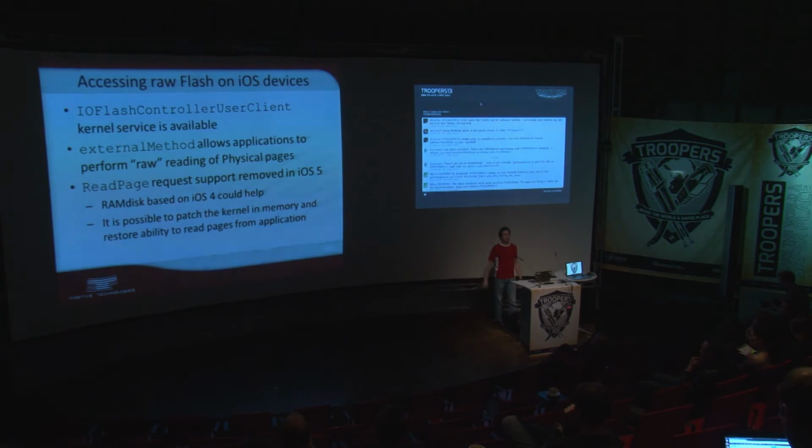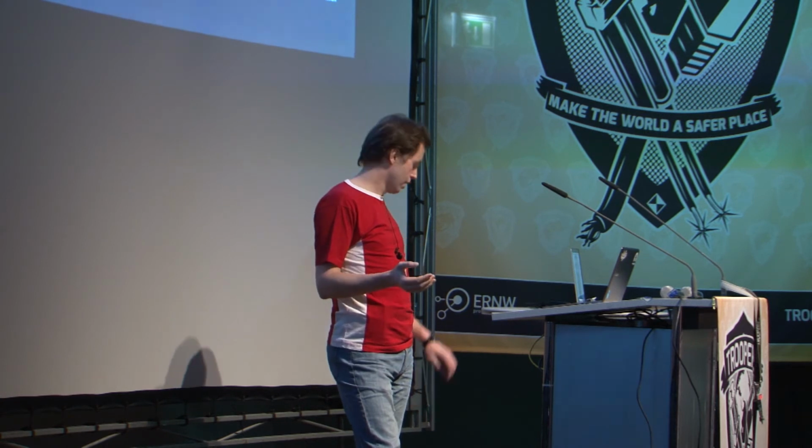And several words about how to access the flash controller at the lowest level. For sure, the operating system has that access, and the kernel has a way to read the controller. There are kernel services available inside iOS, responsible for dealing with user-level applications, that allow reading and writing pages on the flash.